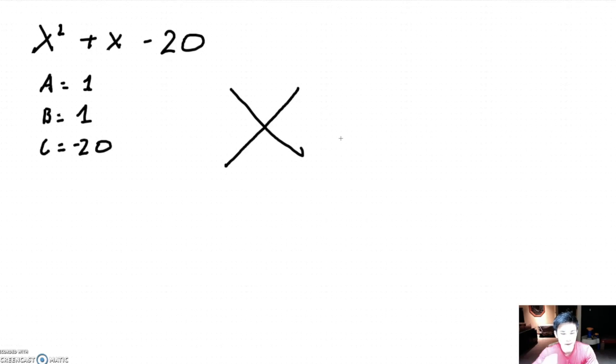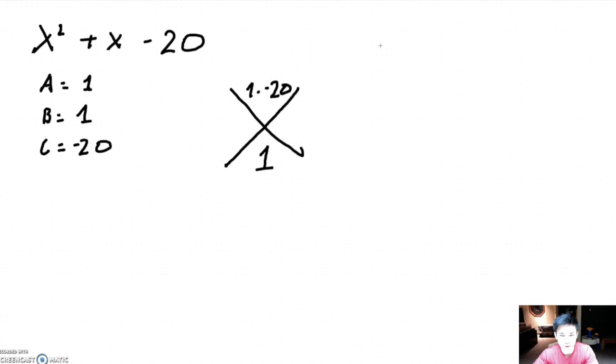On the top part of this X, I will put a times c. In this case, a is 1, so it's just 1 times negative 20, so it really ends up being negative 20. Then down here I would put b, which is 1.